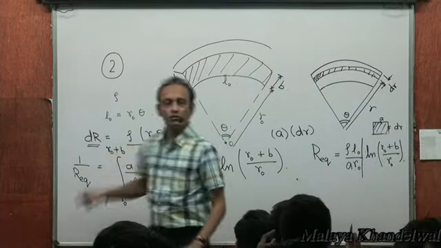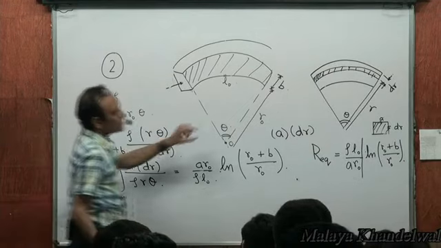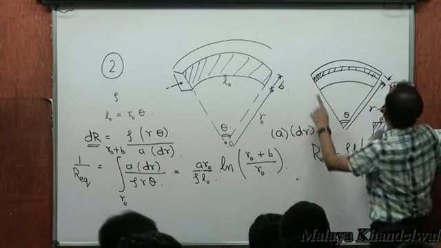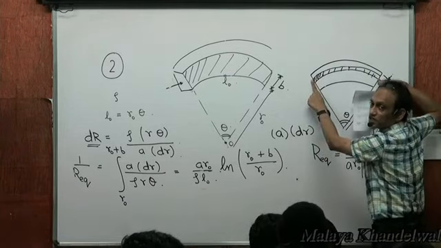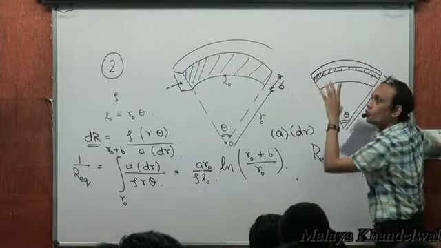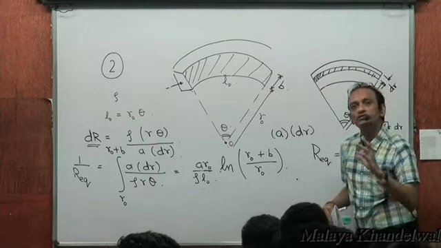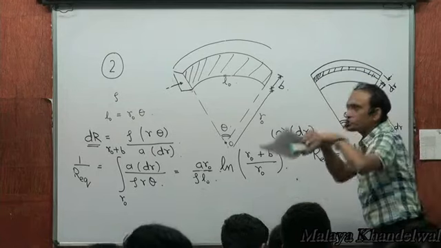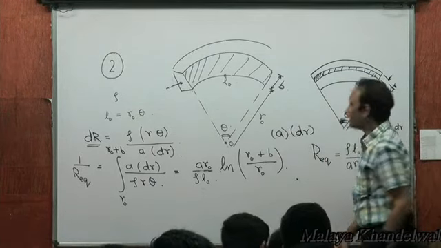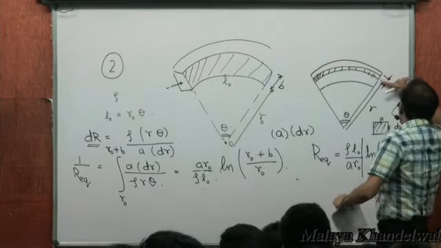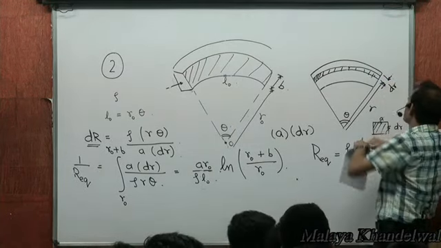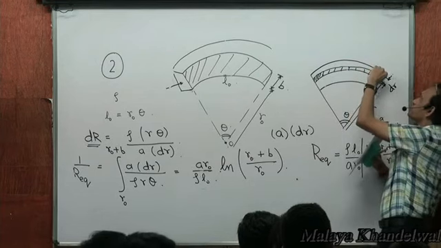Yeah, of course. I've chosen a conductor like this, of length R theta. To find the resistance of a conductor, what is it that we need? We need the length, which is R theta, and we need the cross section through which current is flowing, right? Current is leaving through a rectangular cross section.